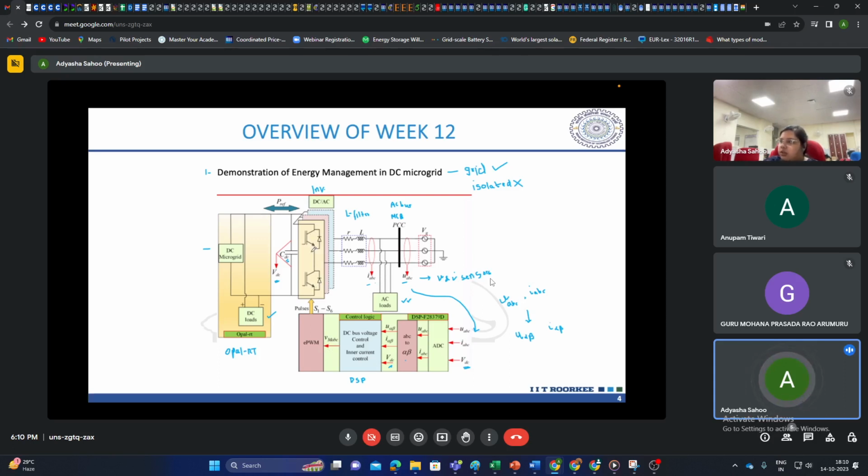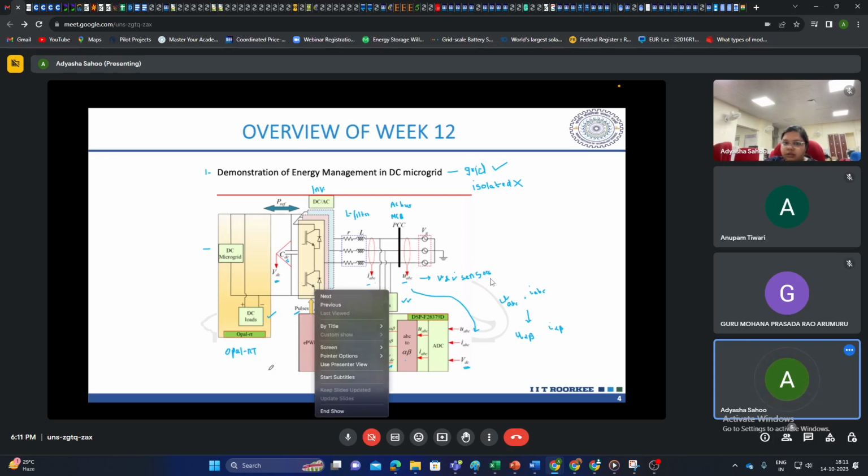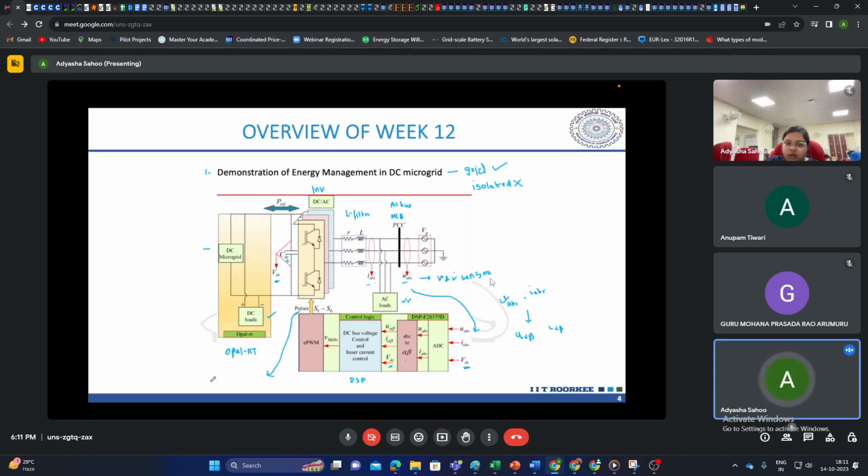Because basically this inverter is a collection of IGBTs, and these pulses will control the operation of this inverter using the gate driver circuit, to get the desired performance.